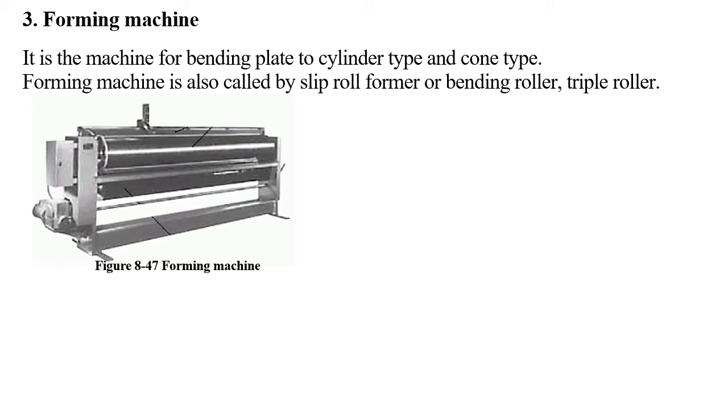We cannot leave this part on machines without talking about the machines we can use after bending. When we finish bending, we may decide whether to use seaming or welding. When we use welding, we need machines to weld. We may use arc welding, which uses electricity.